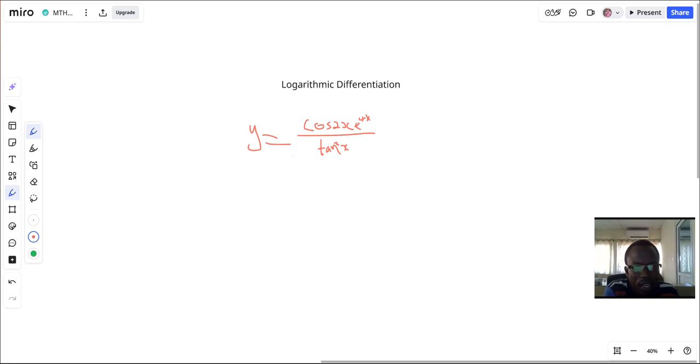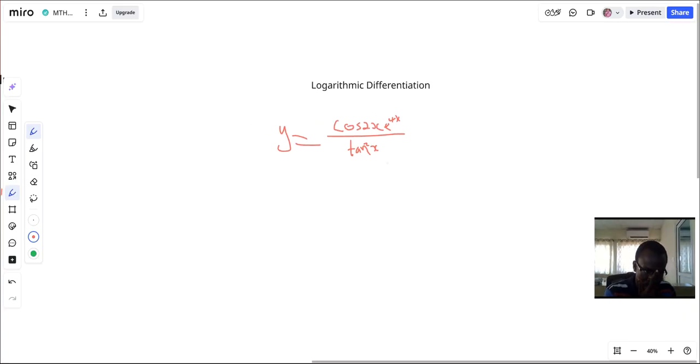So here, it is going to take you a very long time if you try to solve this directly. The simplest way is just to use the logarithmic method. The first step is to take the logarithm of both sides.